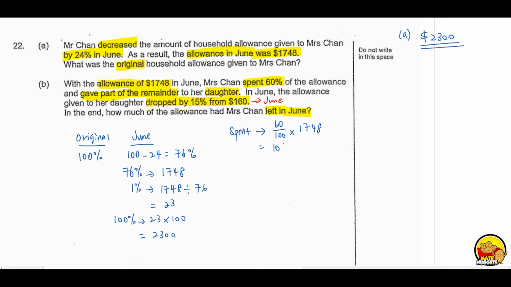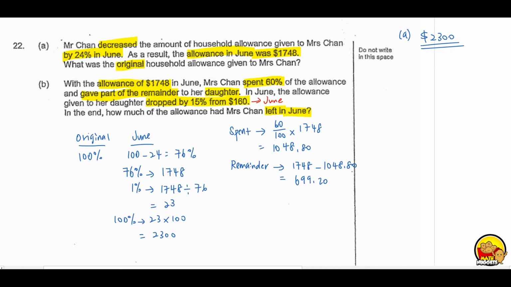She spent $1,048.80 in June. So she was left with $1,748 minus $1,048.80. She was left with $699.20.